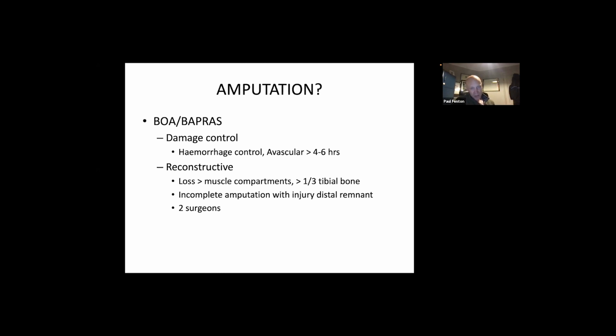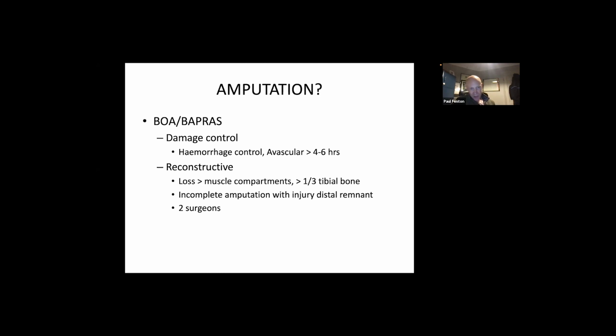And so in those situations, amputation should be offered to the patient. And also, if you have, say, an open tibial fracture, but you also in the same leg have a severe foot injury, well, that's a limb that's more than likely going to have poor function and probably issues with pain and long-term disability. And so, again, it's sensible to offer that patient amputation.